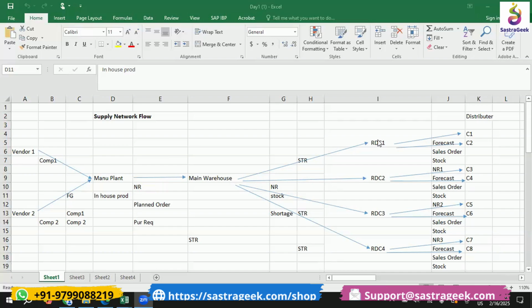So people who have a bit of supply chain exposure should be able to visualize it. People who do not, the intention is they should have this high level picture in their mind. This is how a normal supply chain would look.